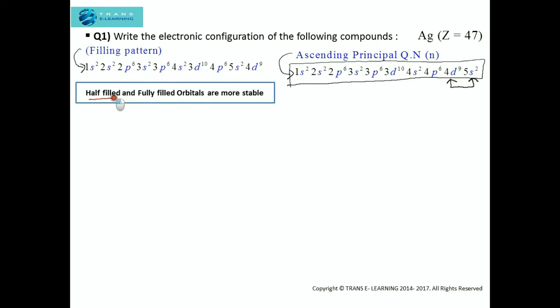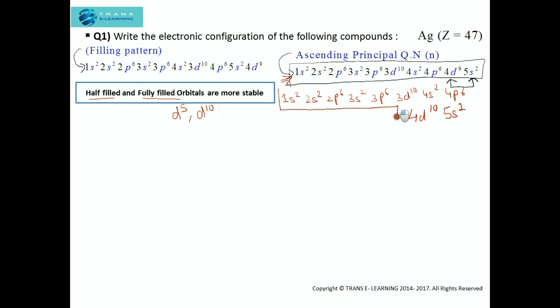We know that half-filled and fully filled orbitals are more stable, so the configurations d5 and d10 will have extra stability as compared to other configurations. So in this case, though this is the expected configuration, the actual configuration will be 4d10 and then 5s1. So in this case the d orbital is fully filled. So this one is the actual electronic configuration of silver.